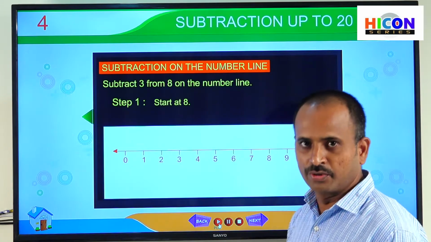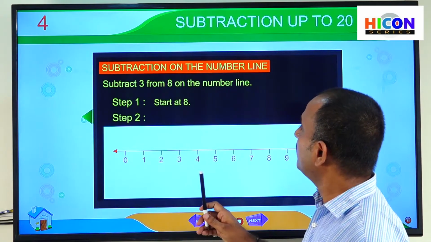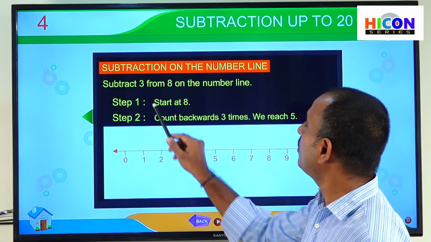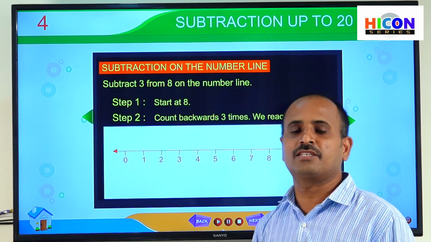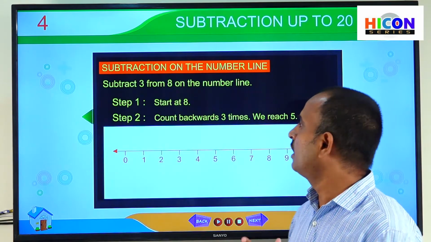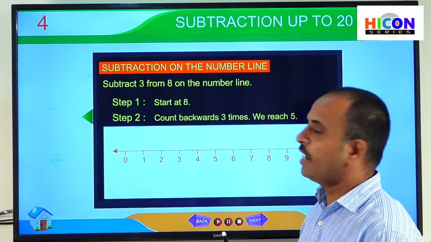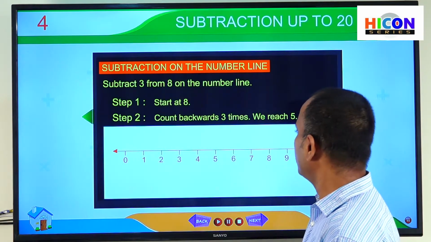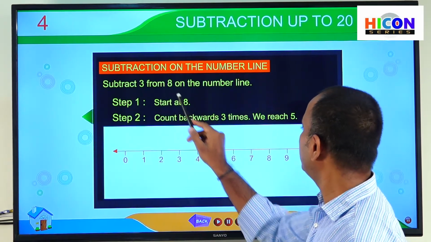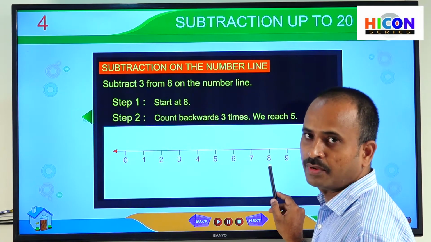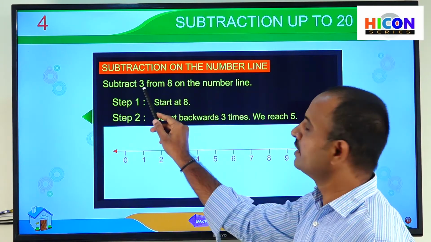Next, what is step 2? What is the lesser number, the smaller number in the subtraction? It is 3. The smaller number represents the number of steps we have to move backward from the greater number. The greater number is 8, so start from 8 on the number line, and the smaller number is 3.